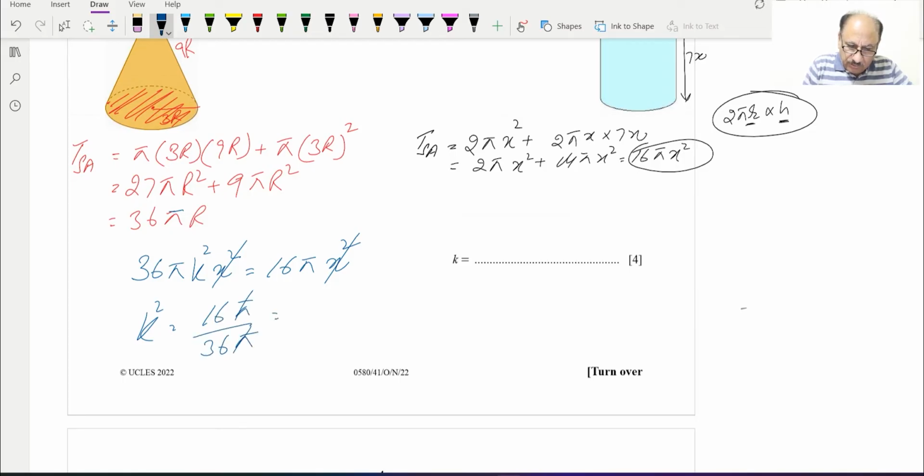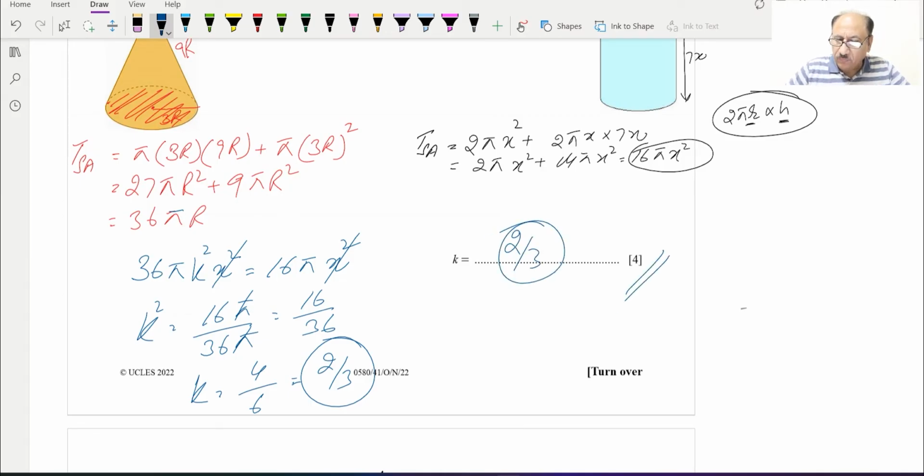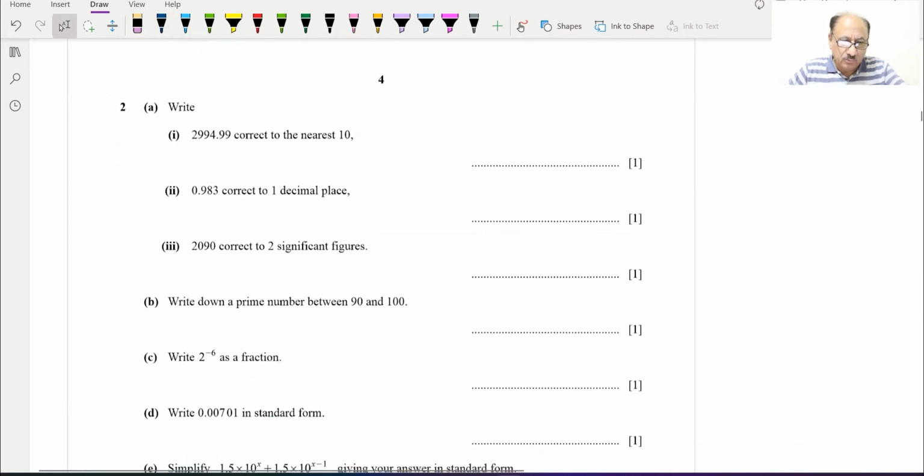Pi also can be cancelled, so it will be 16 by 36. So k will be equal to 4 by 6, which is equal to 2 by 3. We have taken the root at this level, and the answer is 2 by 3. 2 by 3 is the k value, and this is for 4 marks. Hopefully you understood this.